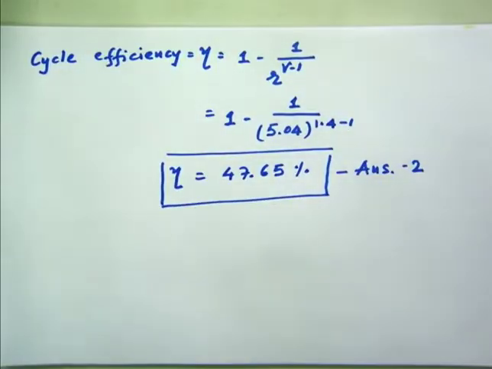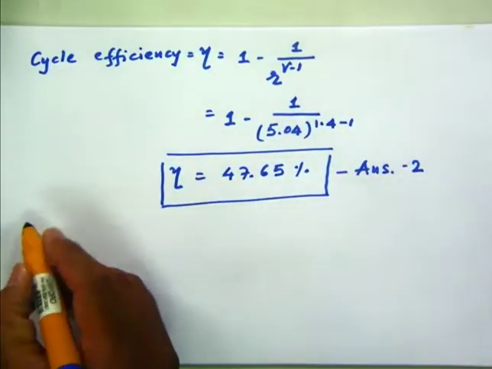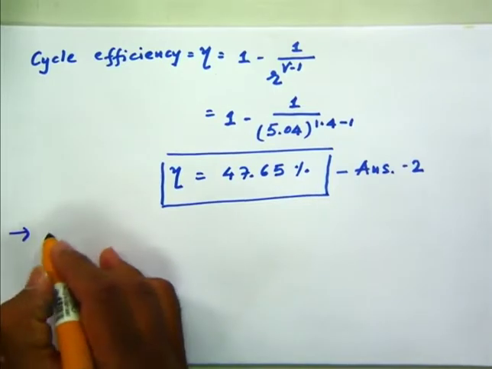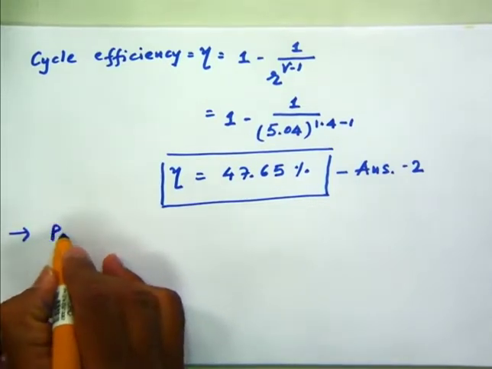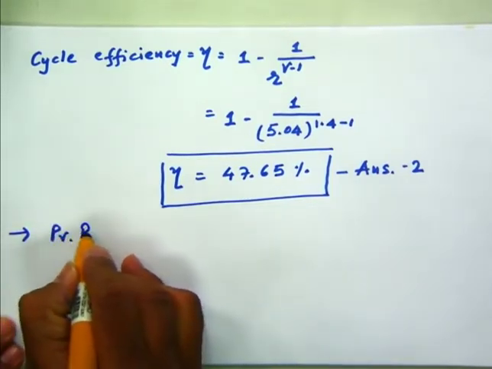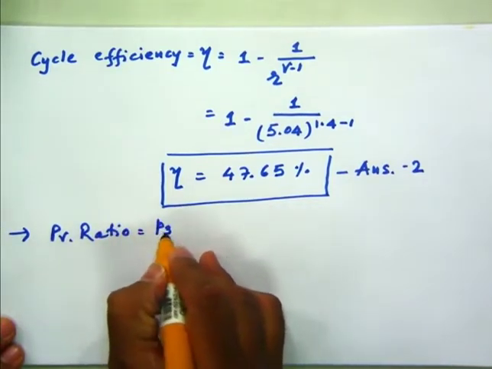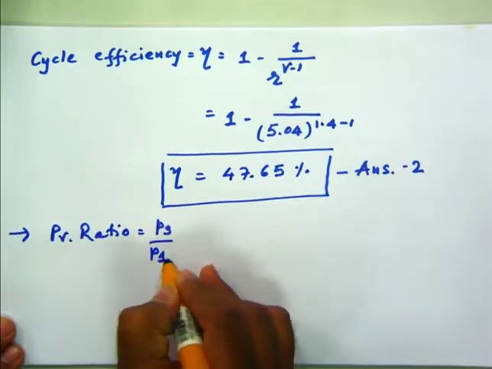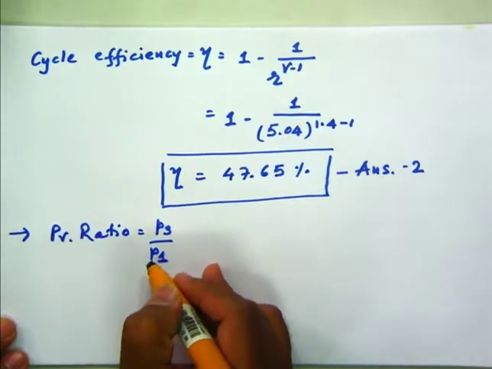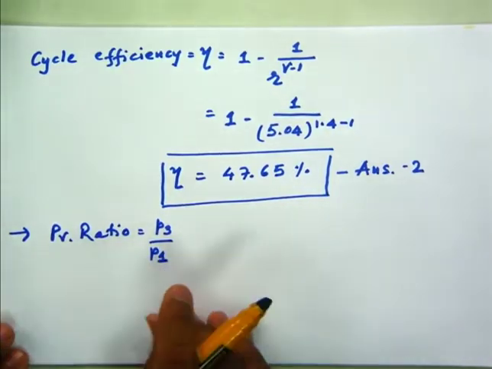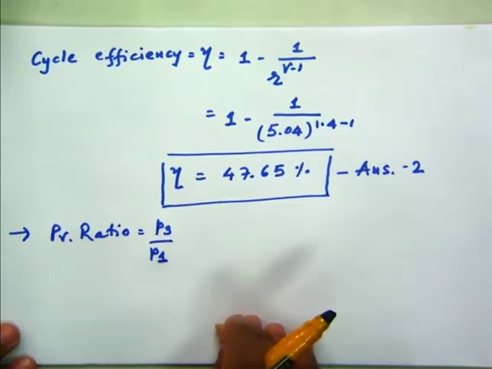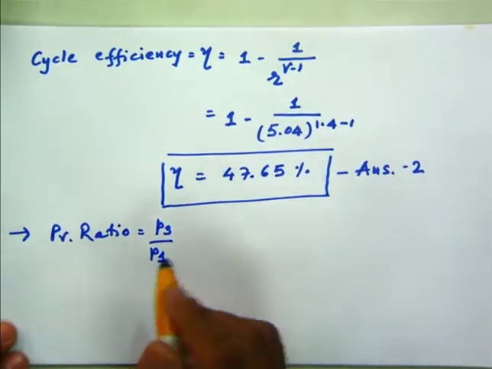So we are interested in the pressure ratio P3 upon P1. How will you get it?